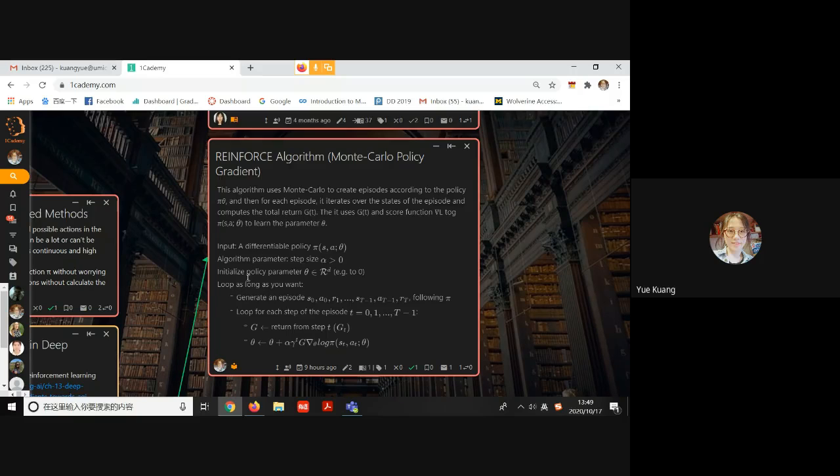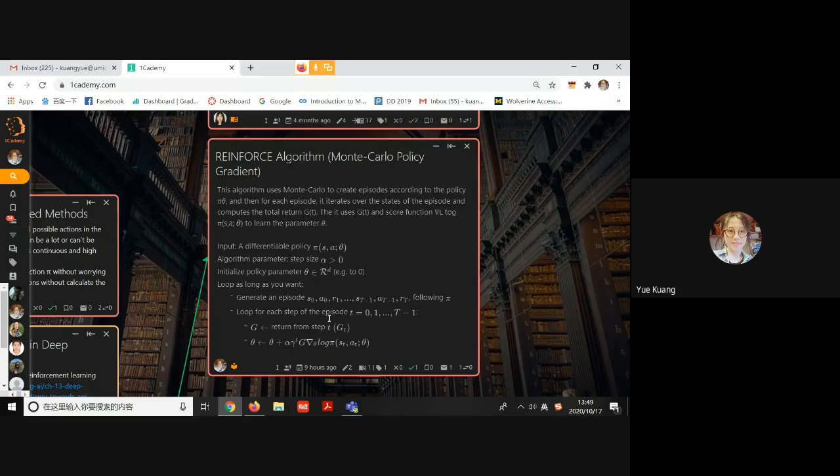At the very beginning of the algorithm, we initialize the policy parameter theta, for example to 0. Then you can loop as long as you want. In each loop, you generate an episode, that is the states, actions, and rewards through the time steps, following the policy pi. Then you loop for each time step of the episode.